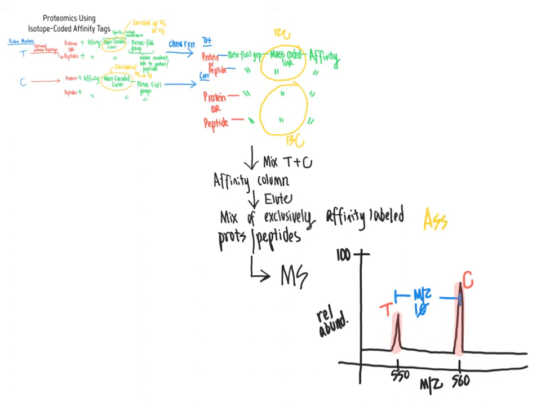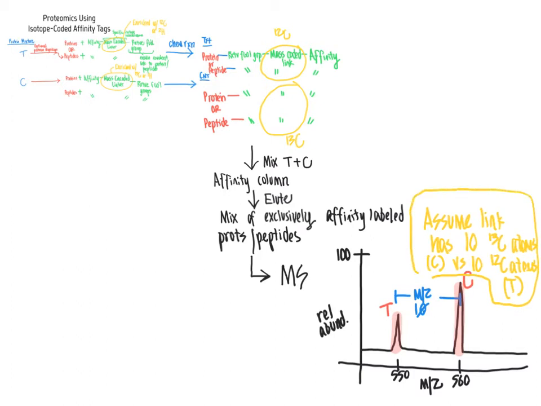So if our linker has 10 carbon 13 atoms in the control, which I'll put in C, versus 10 carbon 12 atoms in the treatment, that's going to result in this sort of mass to charge ratio difference. Now keep in mind there's a variety of different linkers that can be used here and a variety of different isotopes that can be incorporated there, and that would result in a different mass to charge ratio spread.